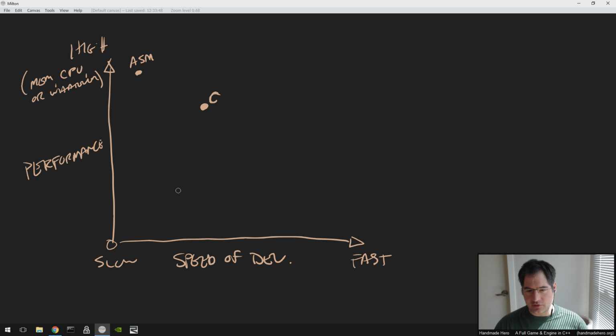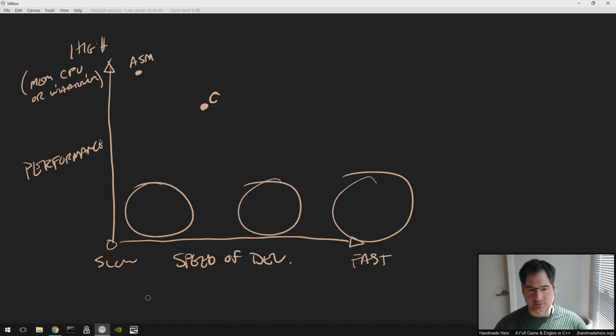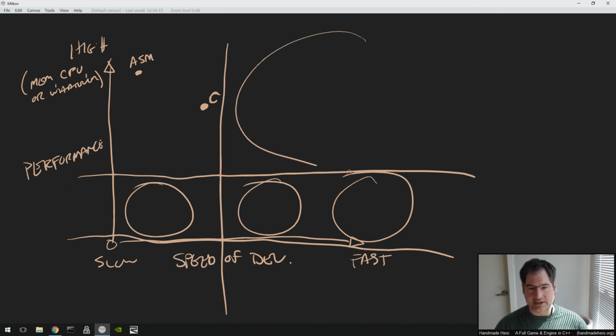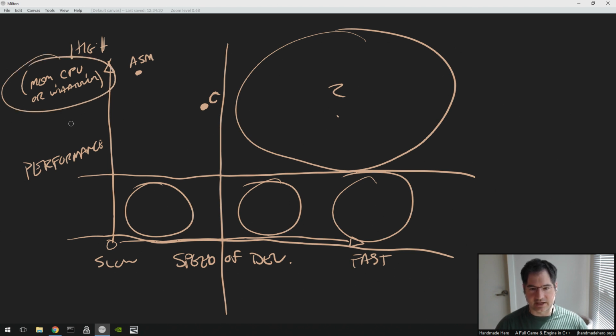High-level languages, all the ones I've ever really seen, are all over here somewhere, or over here. Some of them are here, which is ridiculous. But they're basically in this band. And so there's this quadrant up here where there's nothing. There's nothing where I can do the best possible thing and be very fast.